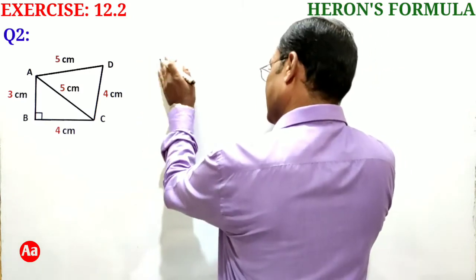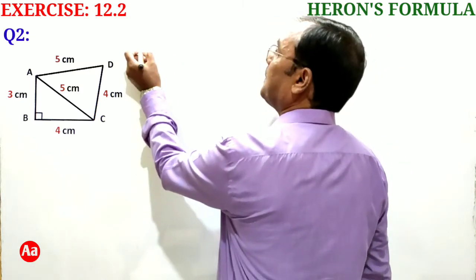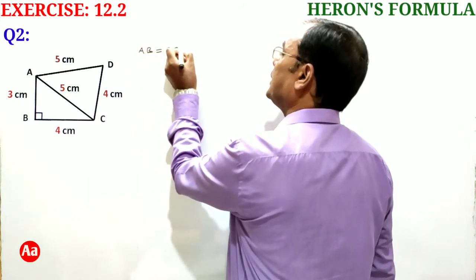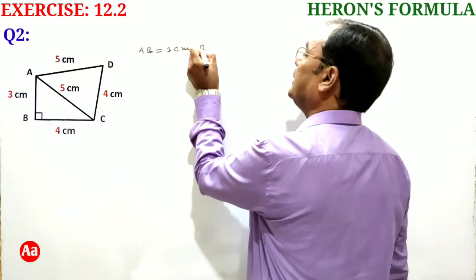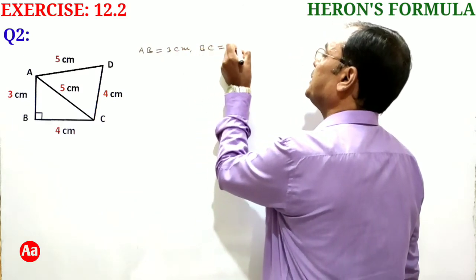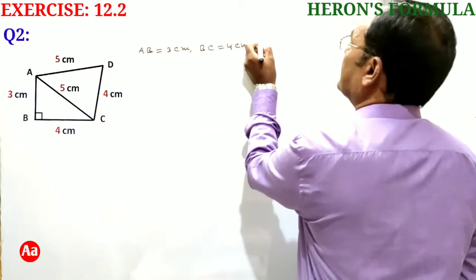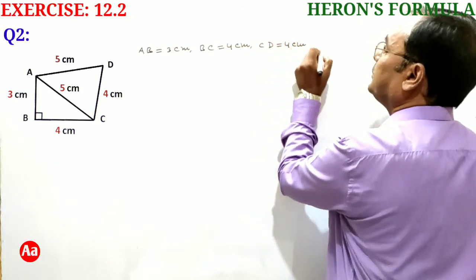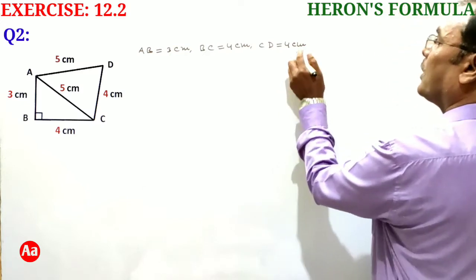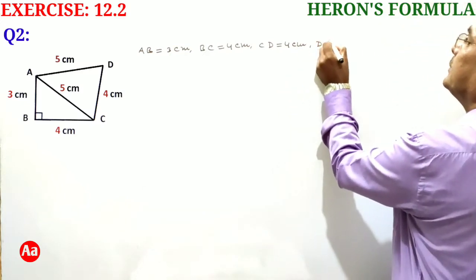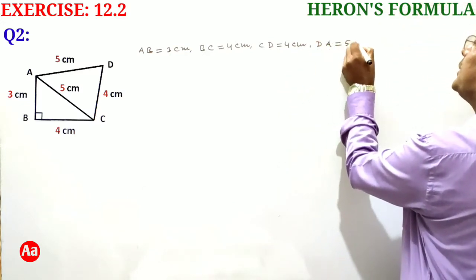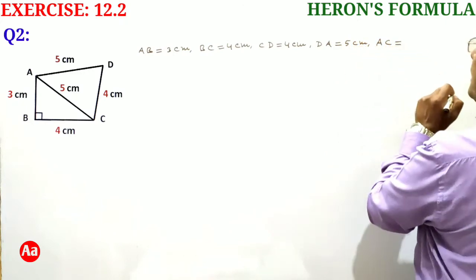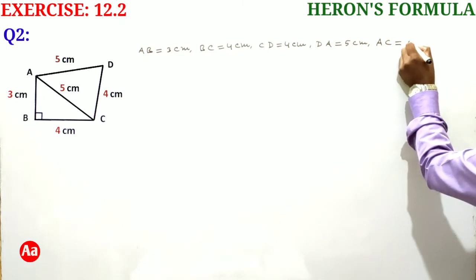So let's write lengths of the sides. AB given 3 centimeter, BC 4 centimeter, CD also 4 centimeter, DA 5 centimeter, diagonal AC also 5 centimeter.